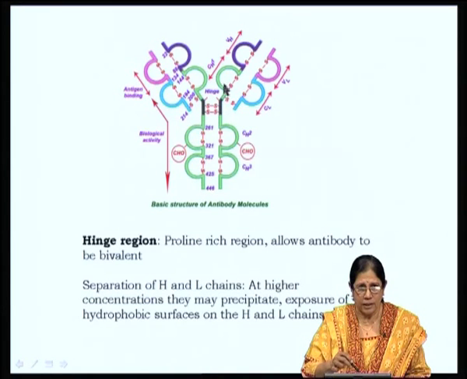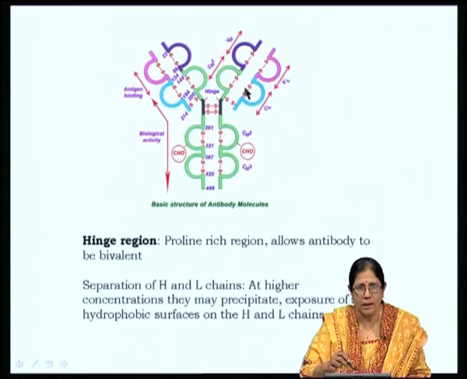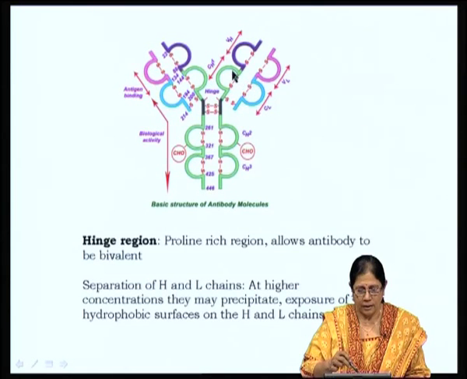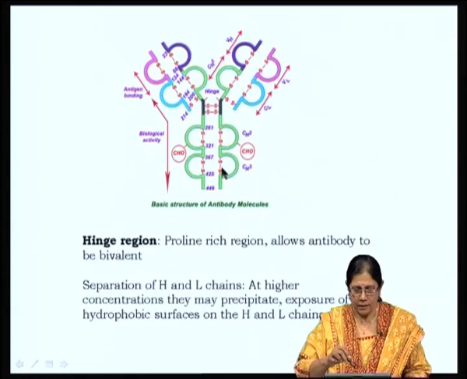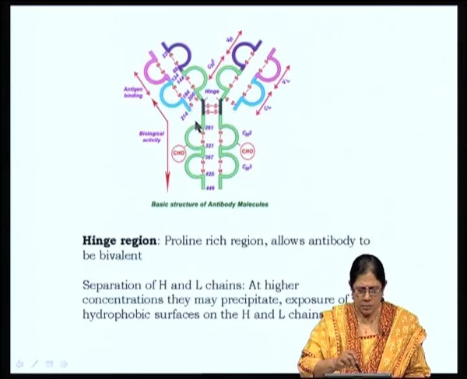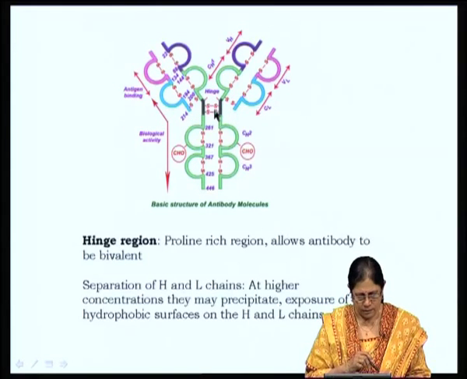In IgE and IgM, the hinge region is modified into a domain itself, and therefore, only these classes of immunoglobulins have, apart from the three constant domains, one extra constant domain. So, the hinge region now becomes CH2, then there is CH3 and CH4. Anyway, is there anything specific with regard to hinge region?